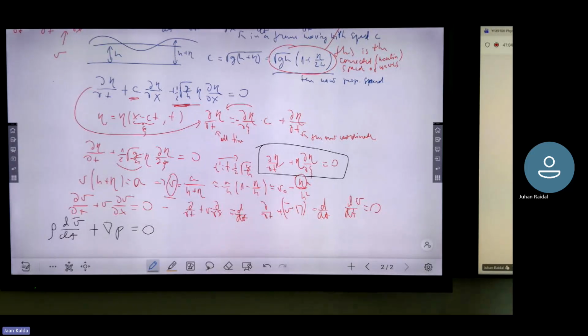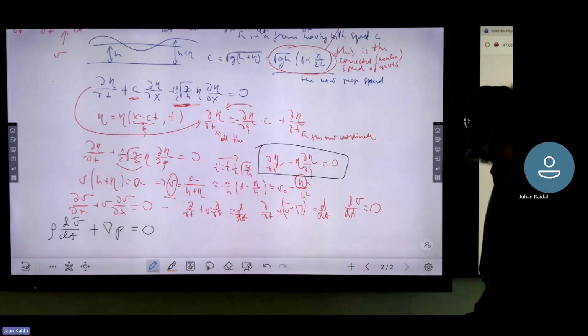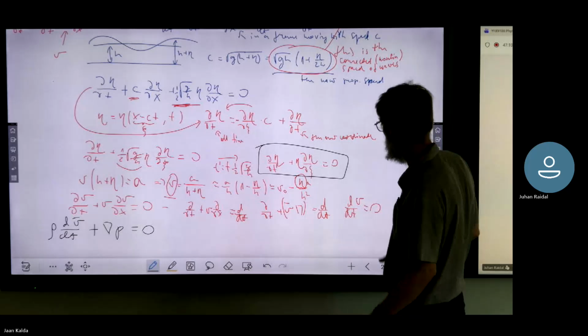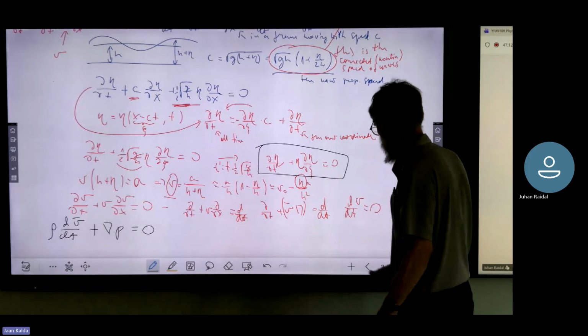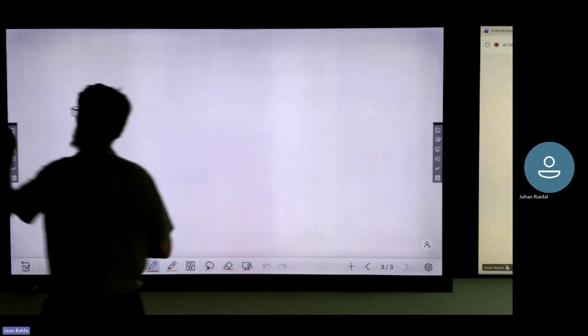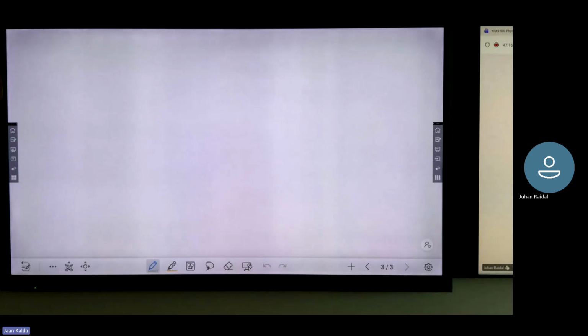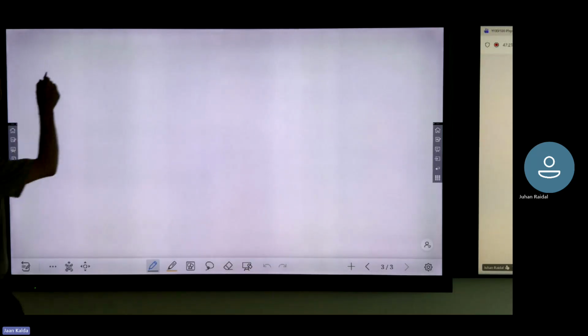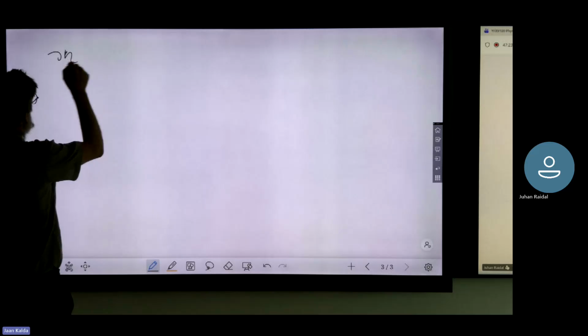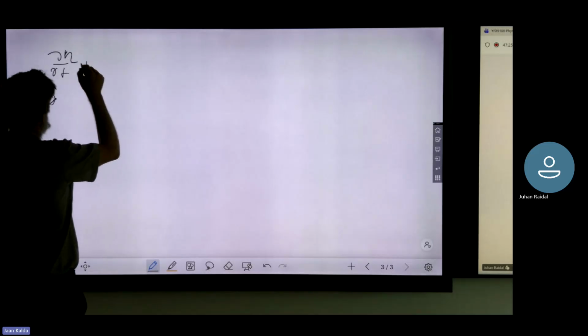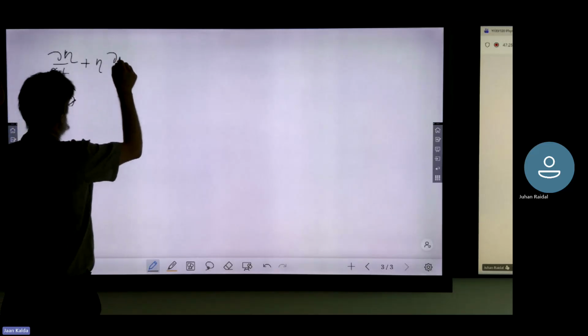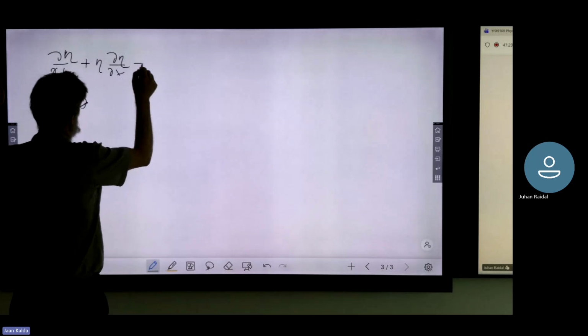And then this equation in itself is quite interesting. So let me write it. Maybe it's more physical for the time being to work with height, which is something you can see. So we have the equation d eta over dt plus eta d eta over dx equal to 0.